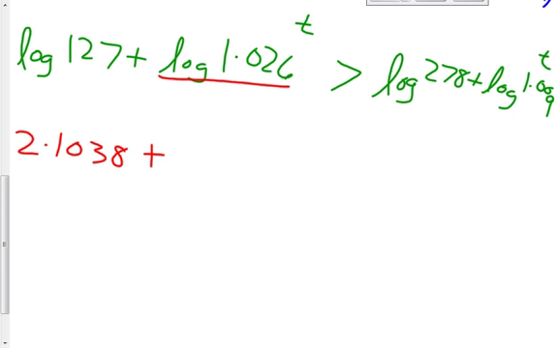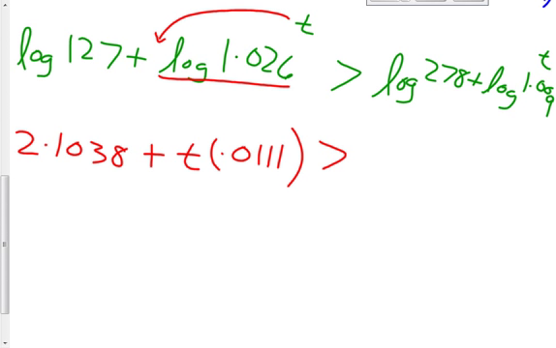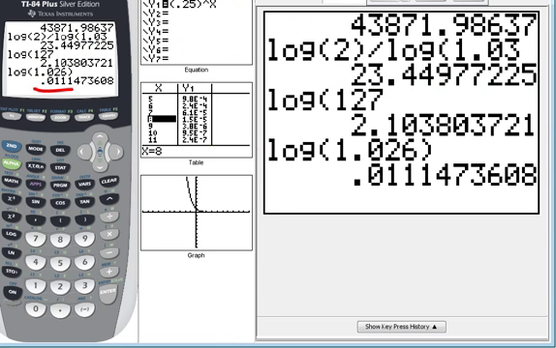Plus. Now class, watch as I use this power property. This T can come to the front because it's an exponent, so I can bring that to the front. So it's T times 0.0111. Okay? So that's going to be greater than, let's put the log of 278 in our calculators.